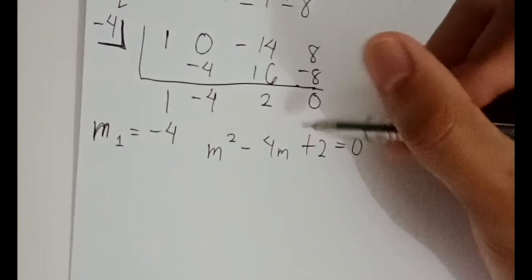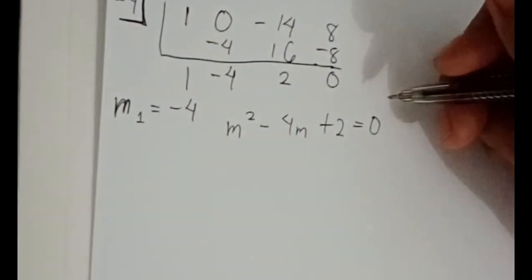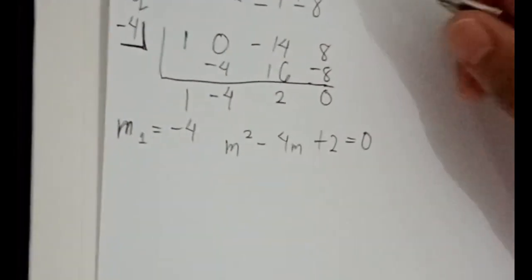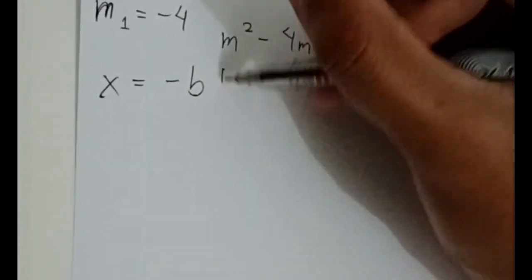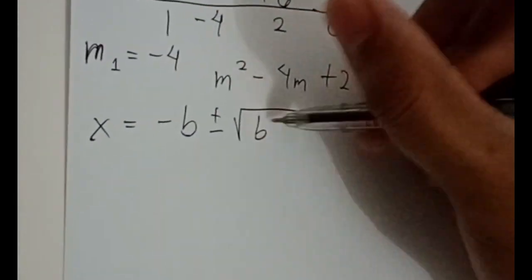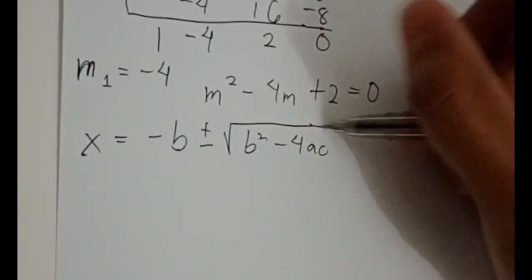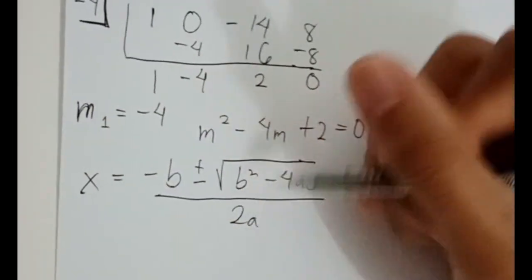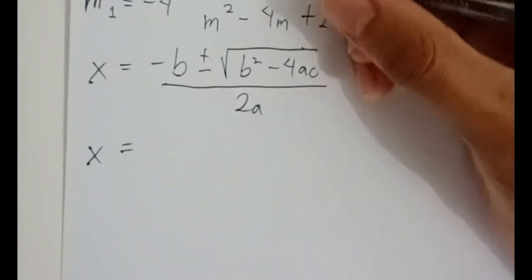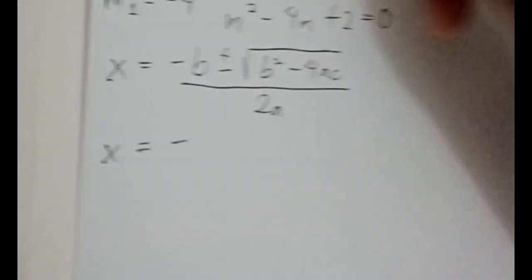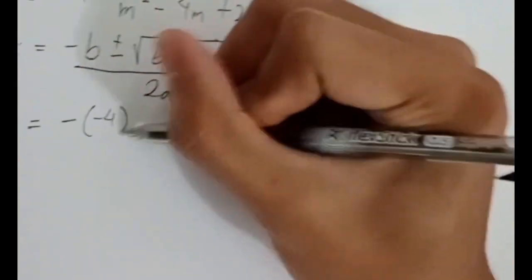To get the roots of this function, we will use the quadratic formula: x equals negative b plus or minus the square root of b squared minus 4ac, over 2a. Plugging in the values, our b is negative 4.